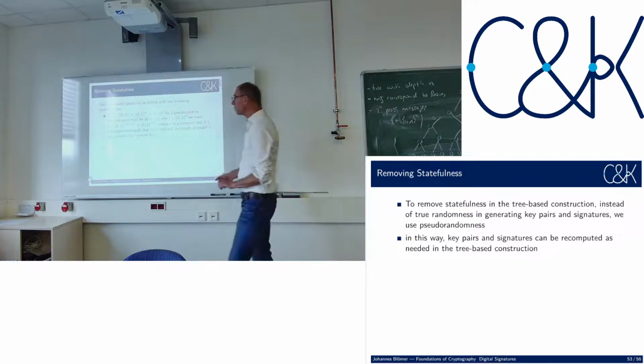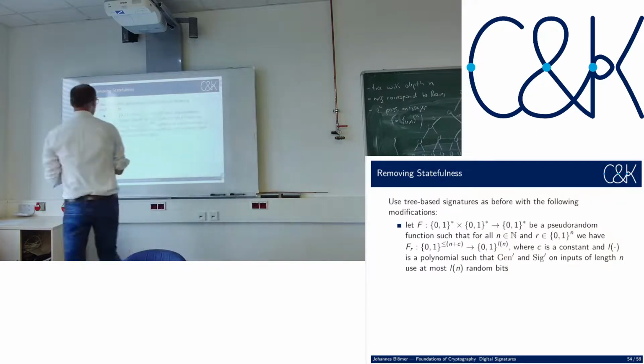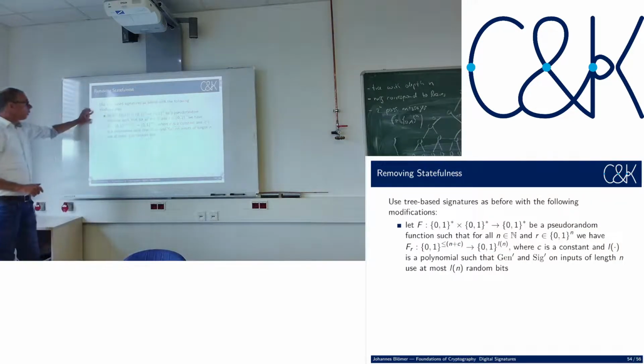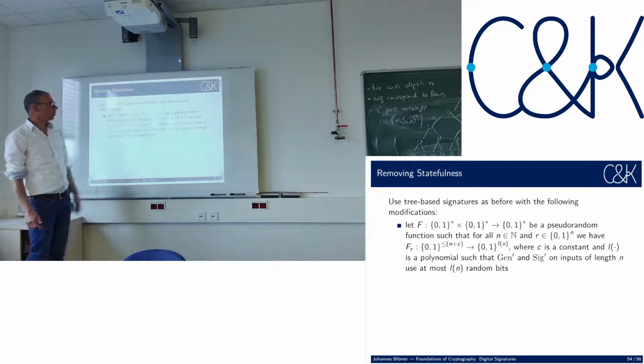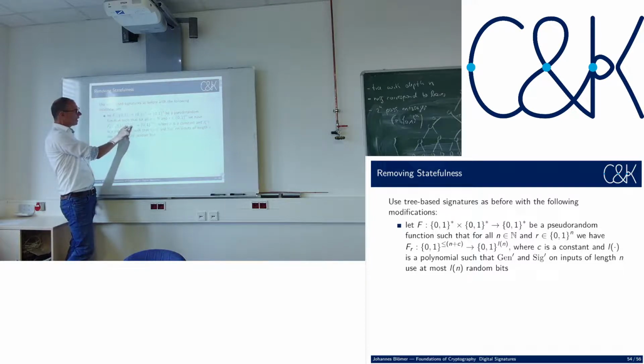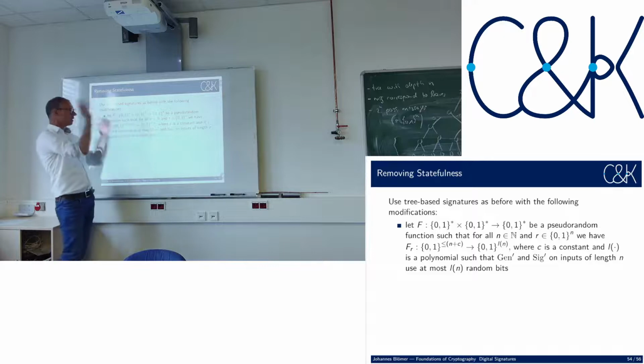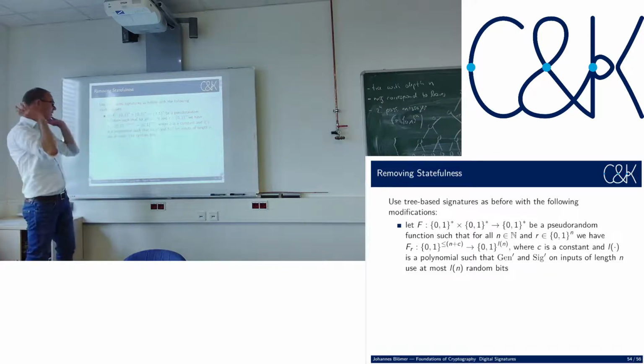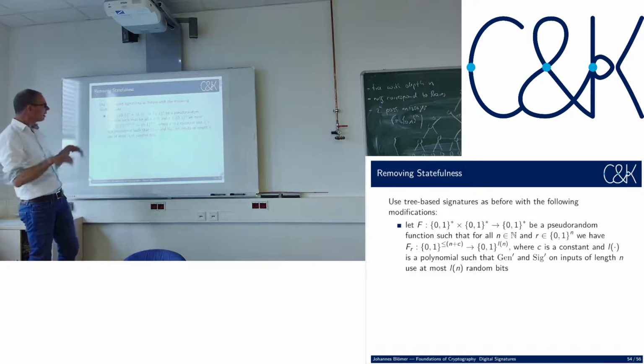More precisely, we have a pseudo-random function, as we had before, such that for all n and all r in {0,1}^n, if x is a bit string of length less than n plus c, then it outputs some length L(n), where c is a constant and L is a polynomial.